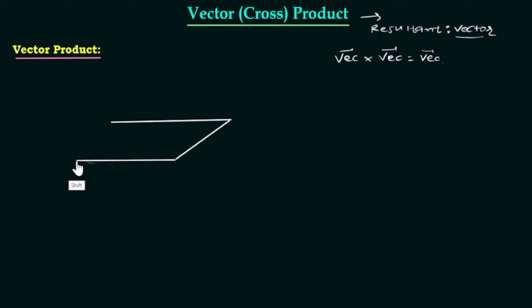In the plane we have two vectors. One is here, another vector is somewhere here. This particular vector is your vector A, and this one is your vector B. Both the vectors are in the same plane, and the angle between them is theta.